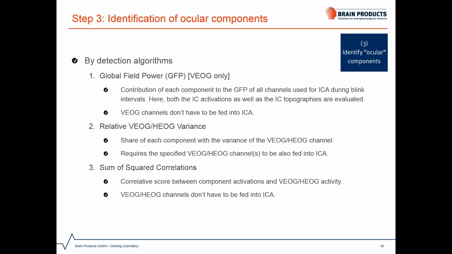So it will check across the components how big their scores are and take, well, not take them out, but pre-mark as many components until you have reached this total value to delete that you entered. Depending on this, one or more components will be pre-selected as ocular and will already be marked as red in the semi-interactive view of the transformation.